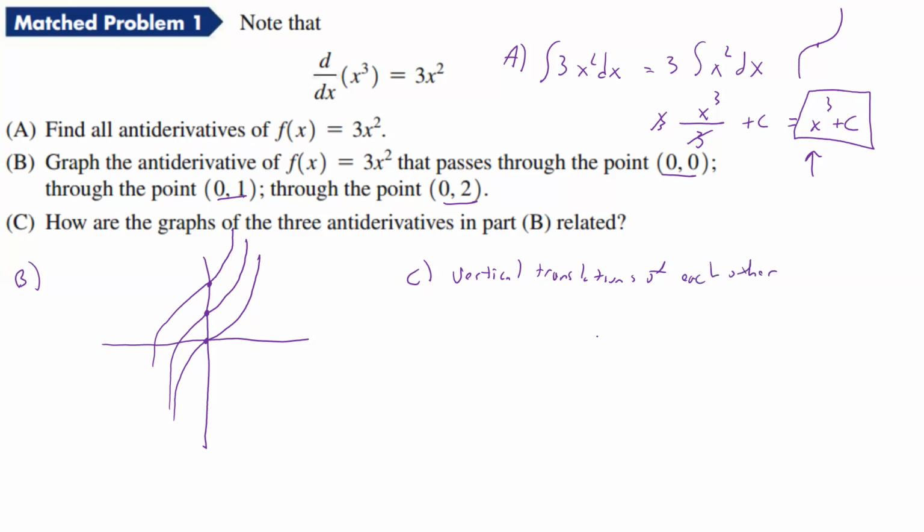Basically, it's moving up by different values of C. That's really the key piece: we've added different values of C to that function. We moved it up or down. Maybe we started here and moved it down, or we started here, moved it up one and moved it down one, or this is the original and we've only moved it up. So that's how that works. Let's stop there and we'll come back for some more.